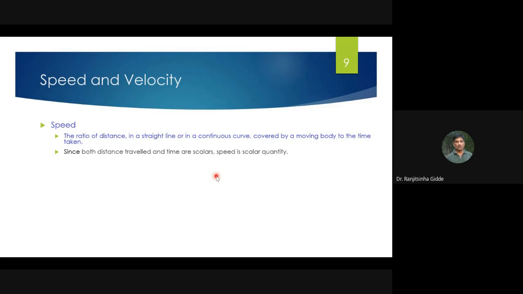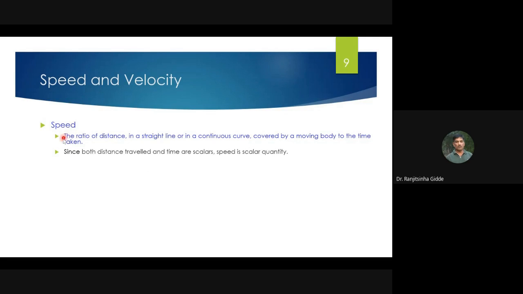Understood? So what is the distance? 10 kilometers. And what is the time? 1 hour. So 10 kilometers per hour, that is speed. It is not the rate of change of displacement. The rate of change of displacement is nothing but the velocity.